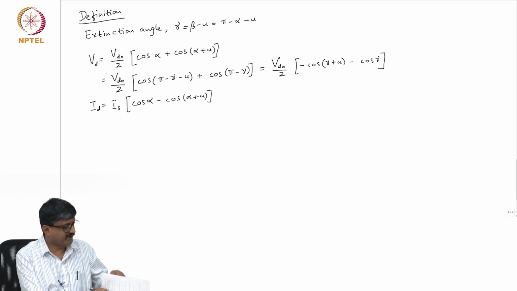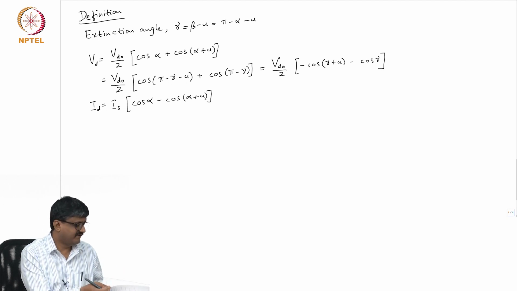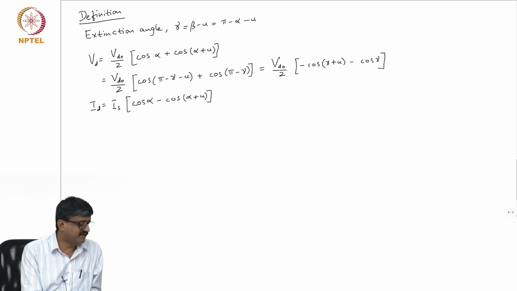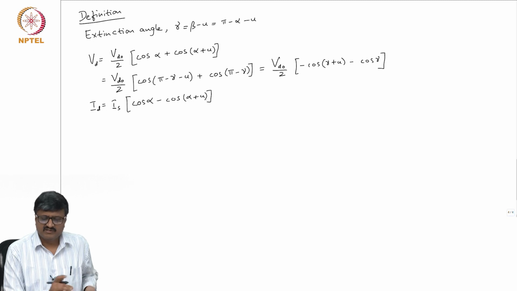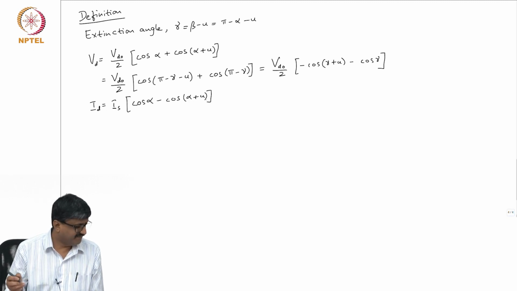If you analyze the first subinterval, using the expressions you can relate Id, Is, alpha and u. This can be written in terms of gamma and u. Instead of alpha I can write it in terms of gamma.